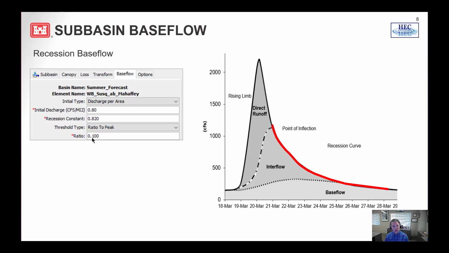So in my example, if I have 100 CFS as my peak flow, my ratio is set to 0.1, then my recession base flow curve turns on when my recession limb of my direct runoff hydrograph gets to 10 CFS. So it's a very simple method, but you have to be careful because if you have different combinations of the recession constant and ratio to peak, then you can actually add mass or add volume to your runoff hydrograph.